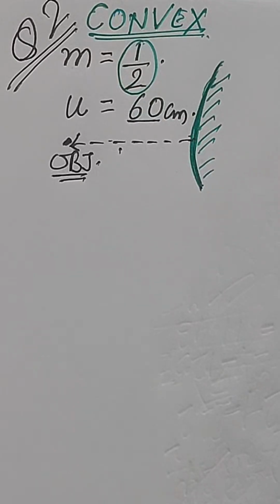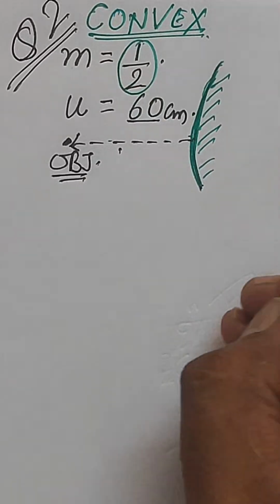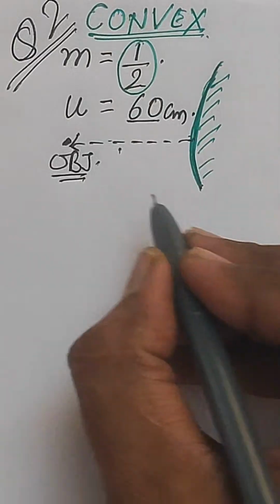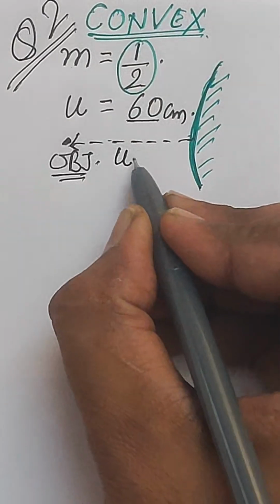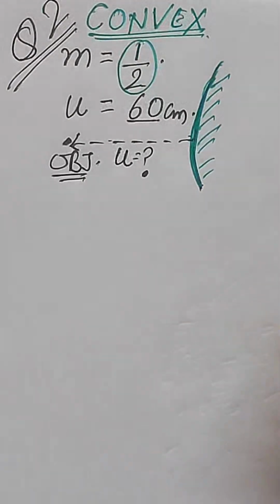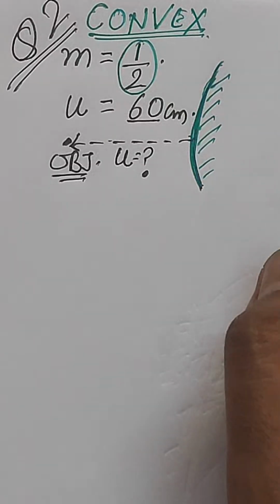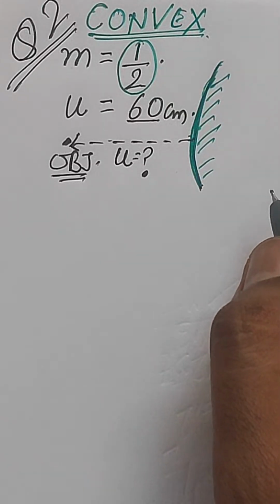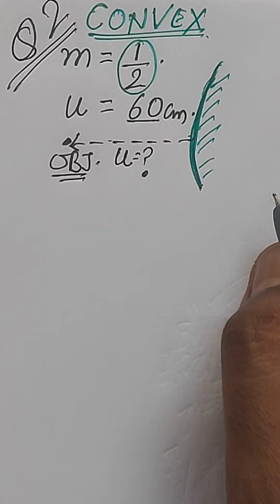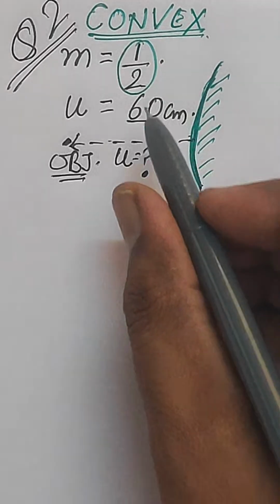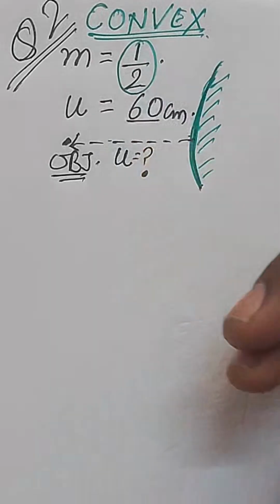where should the object be placed? Now the question which is asked is, where should the object be placed? What is the new value of u, so that the size of the image becomes 1 by 3 of the object? So here you can see magnification is 1 by 2.